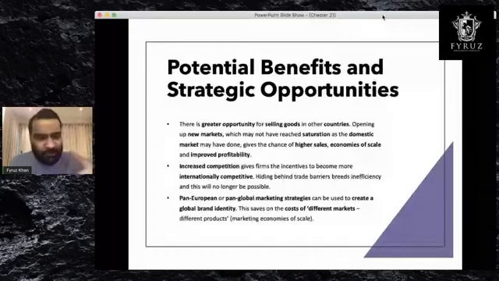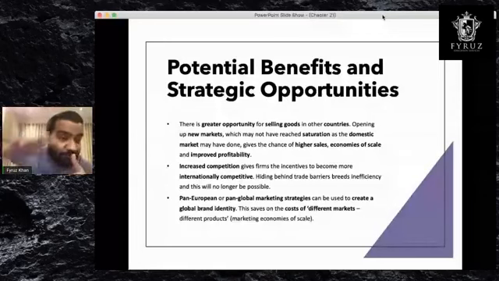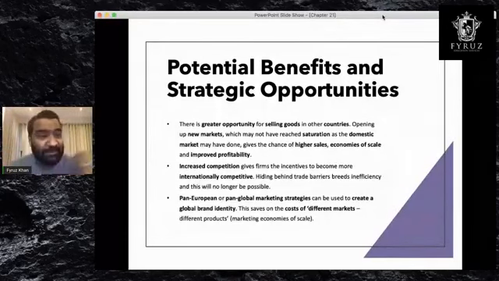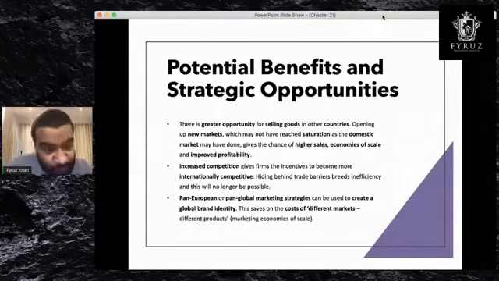So you have more opportunity to sell your goods in different countries, in different markets. If your product is saturated in your current market, you can go to a different market to sell the product. Then you have increased competition. Good, more competition is good. If you have more competition, it means you will strive to do well.